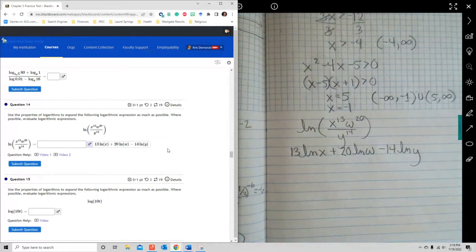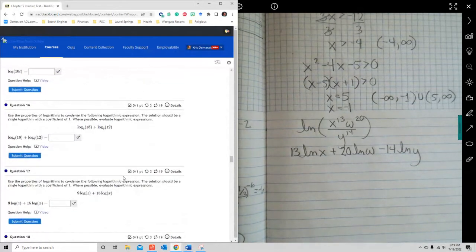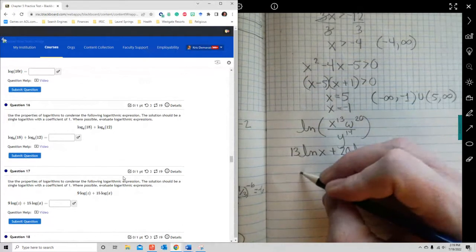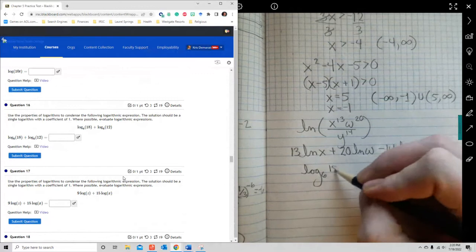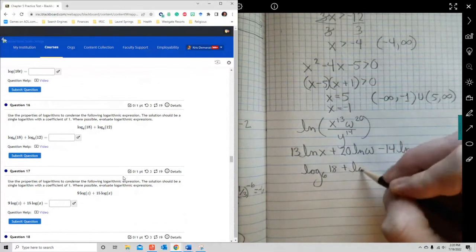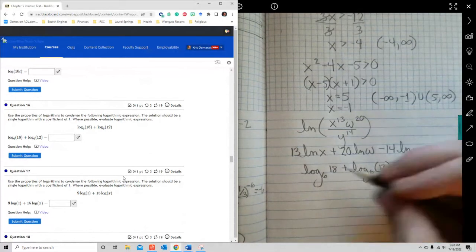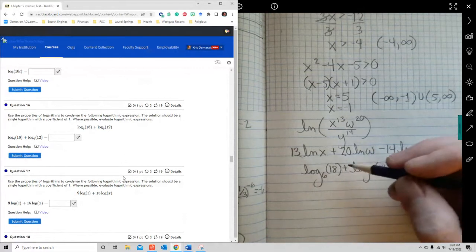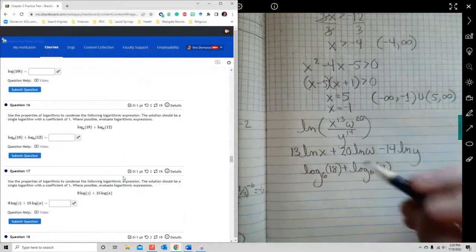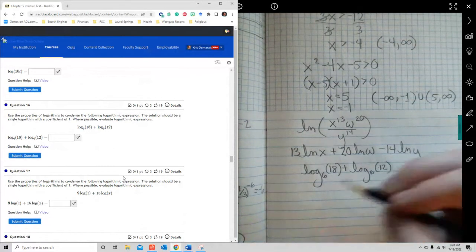Now we take a look at number 16. It says condense it. Since we're condensing this problem, we notice that there's log base 6 of 18 plus log base 6 of 12. Since it's an addition, we know we're multiplying, so we can take our calculators and do 18 times 12 and get 216.